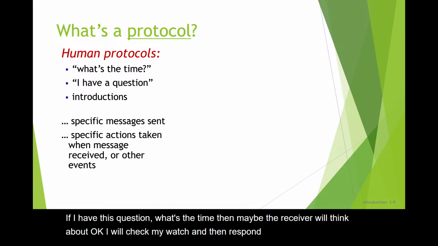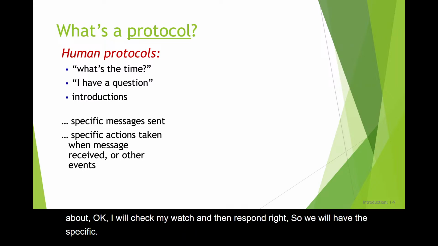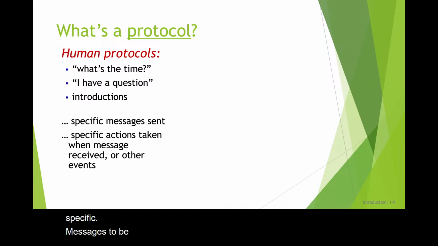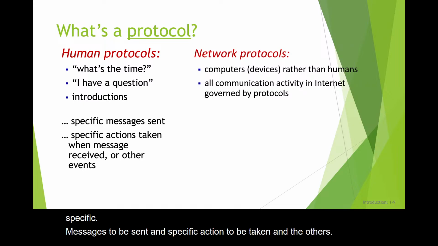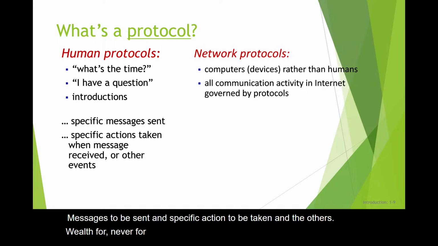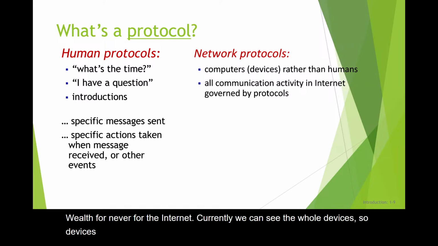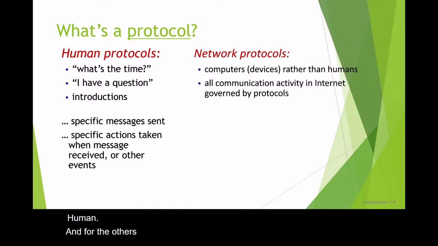So we will have the specific messages to be sent and specific action to be taken and the others. Well, for network, for the internet currently, we consider devices. So devices actually serve as a role of the human. And for the other protocols, similar to this one, all right?